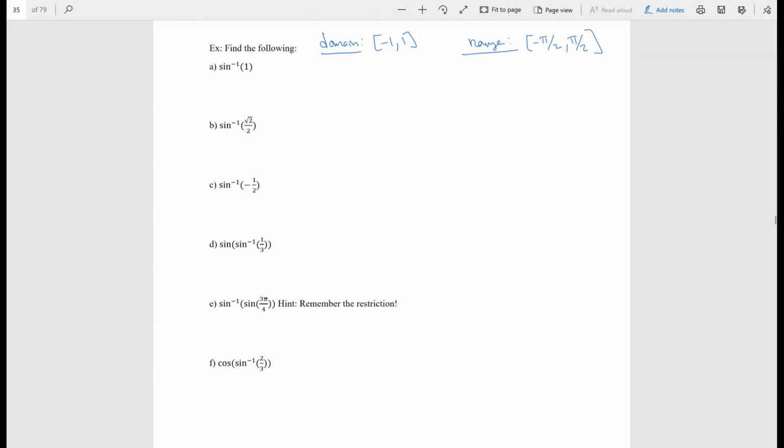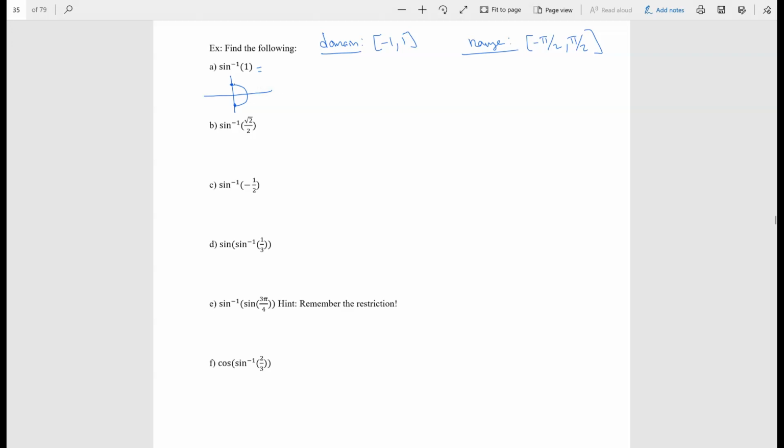Alrighty, so now what we want to be able to do here is figure out what sine inverse of 1 is going to be. So remember, what this is saying is give me the angle that will give me a sine of 1.